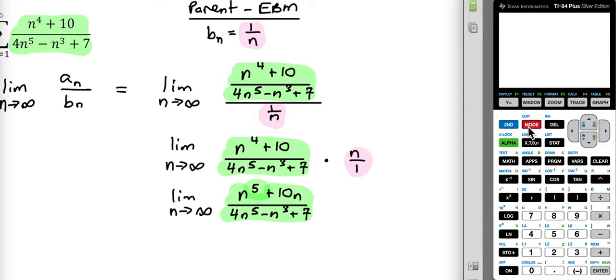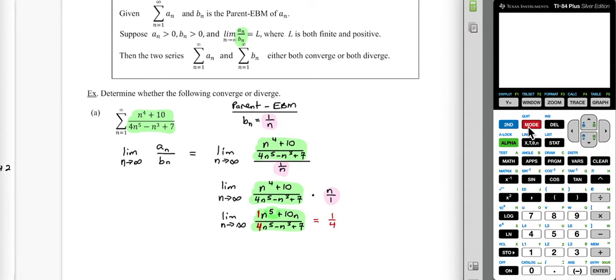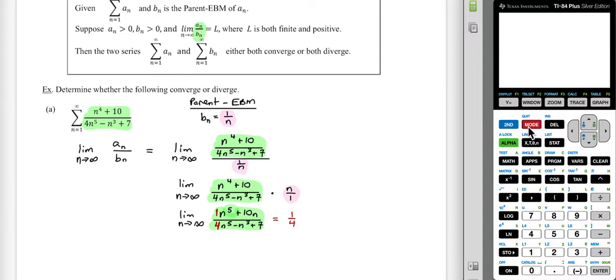Because when I'm looking for the limit of a rational expression related to a rational function in a lot of cases, if the exponents are the same, I'm looking at the leading coefficients and the ratio of those leading coefficients as the limit. All right, so this will give me 1/4. So we got something that is both finite and positive.